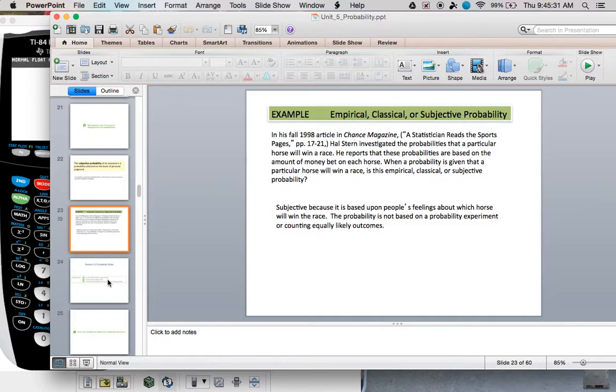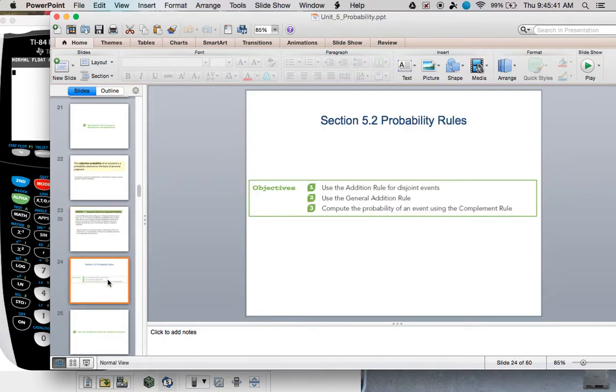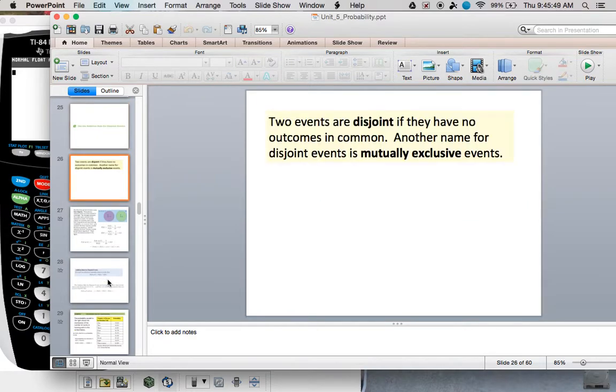And that's your introduction to probability. Key there is the rules. Sum of probabilities is equal to 1. And classical and empirical methods. Okay, some basic rules. The addition rule for disjoint events and the complement rule. Two events are disjoint if they have no outcomes in common.